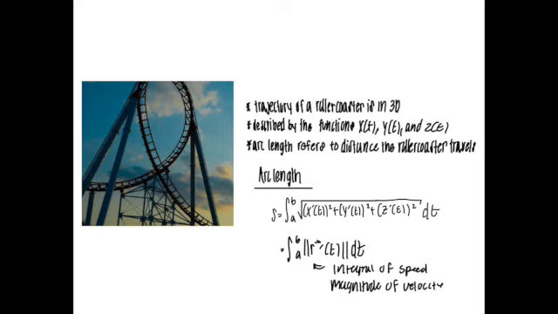So in this case, the speed basically refers to the speed of the roller coaster. However, velocity is speed and direction of the roller coaster. But since we're taking the magnitude of the velocity, it would be the scalar component, which gives you the speed. So overall, these go hand in hand.